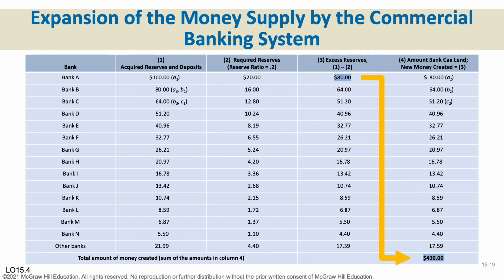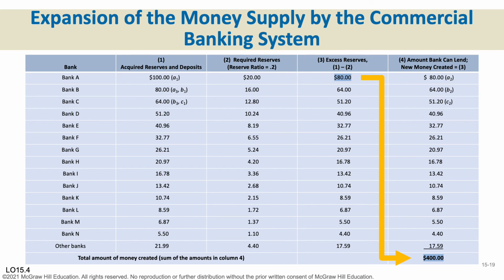They loan that out and it gets spent and it gets deposited into Bank C. And so Bank C gets that deposit of 64 in the checkable deposits and in their reserve account. And so 20% of that gets held as required, so that's $12.80. You subtract that from what got deposited of 64, and so their excess reserves went up by 51.2.